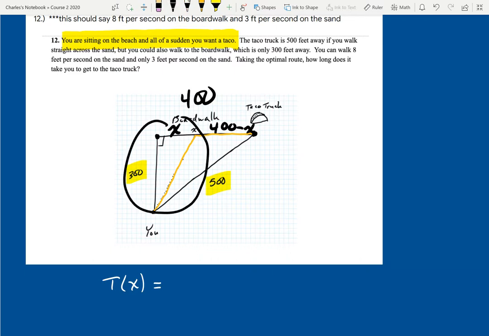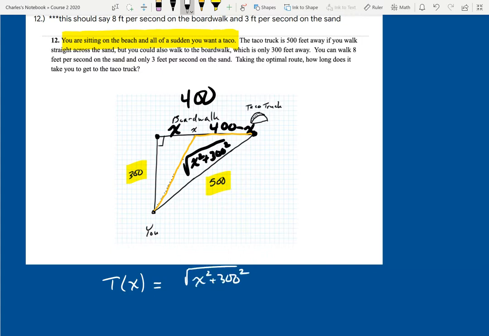I know that it's a right triangle, so the missing side is going to be a squared plus b squared, and then the square root of that whole thing. So that one distance that I'm missing is the square root of x squared plus 300 squared.